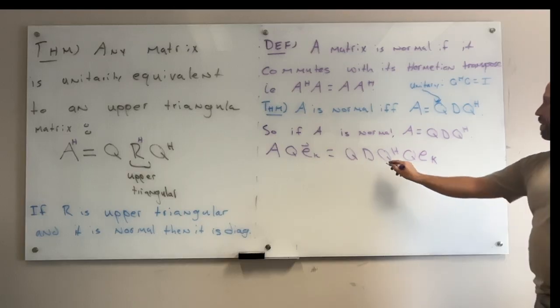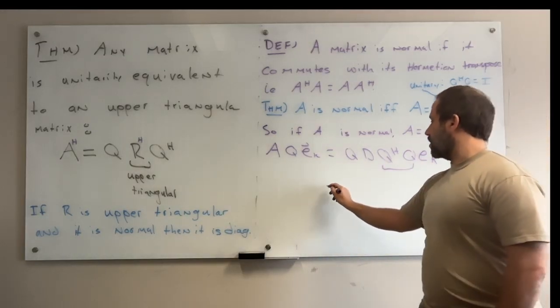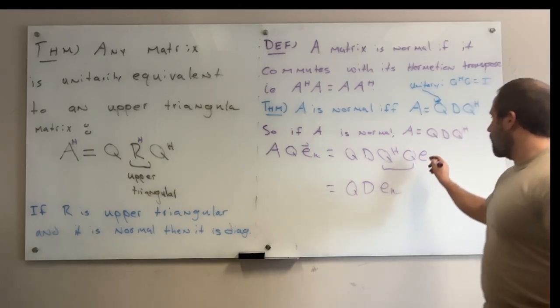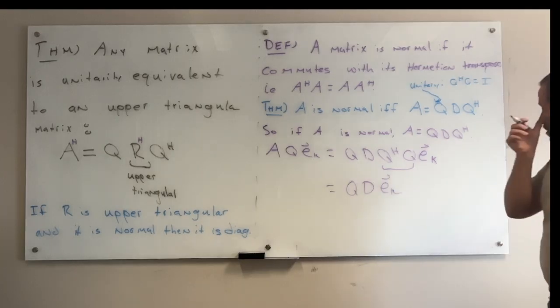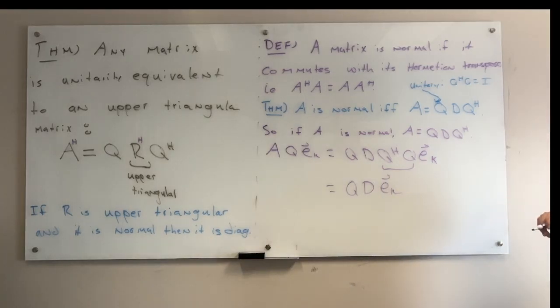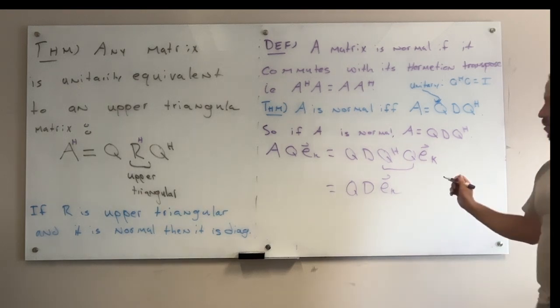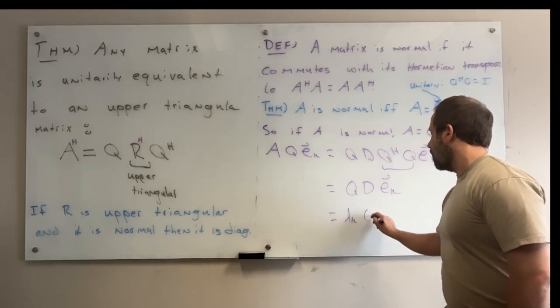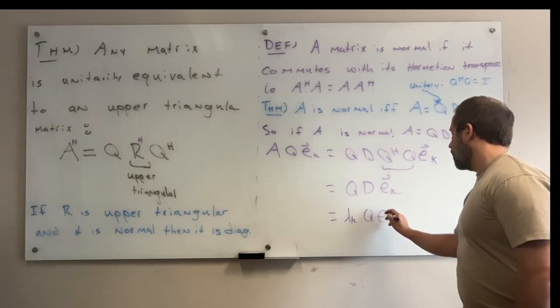Like this. Q^H Q is equal to the identity matrix, so this is just equal to Q D e_k. Let me put arrows over my vectors here. Now, what is D e_k? Well, D e_k, as we saw in the previous video, is just equal to lambda_k times e_k. So this is equal to lambda_k times Q times e_k.